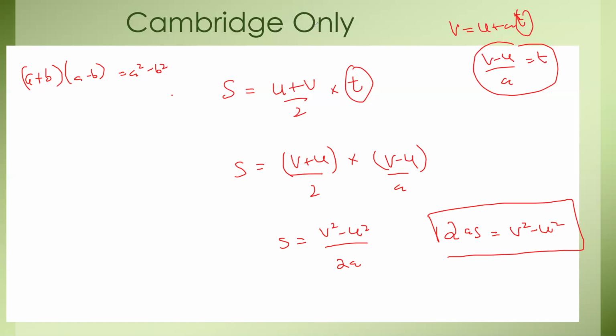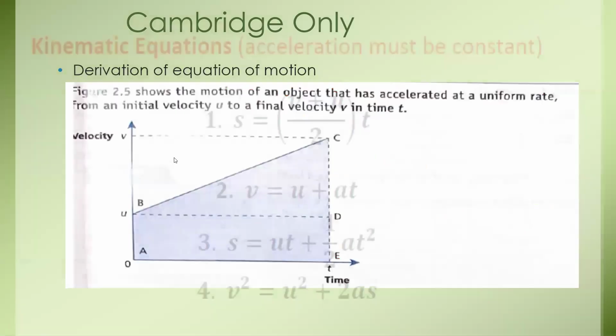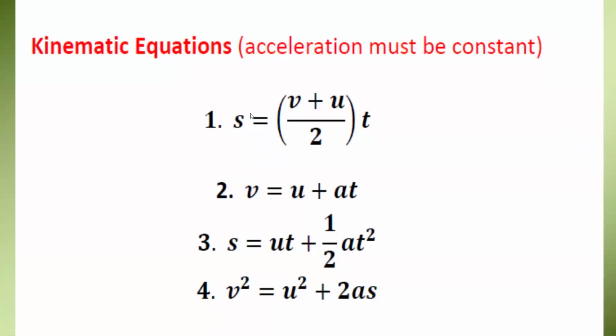So you have to learn these derivations and practice how to work out the first, second, and third equation. Try to learn them in order. As I mentioned, actually there's no order, but for Cambridge students, you should know them in order. In Cambridge, this is classified as the first, second, third, and fourth equation of motion.